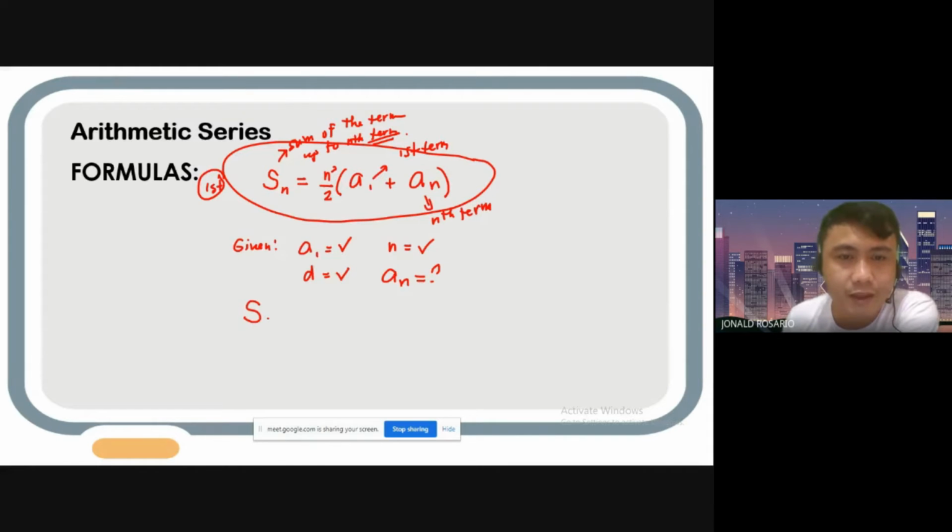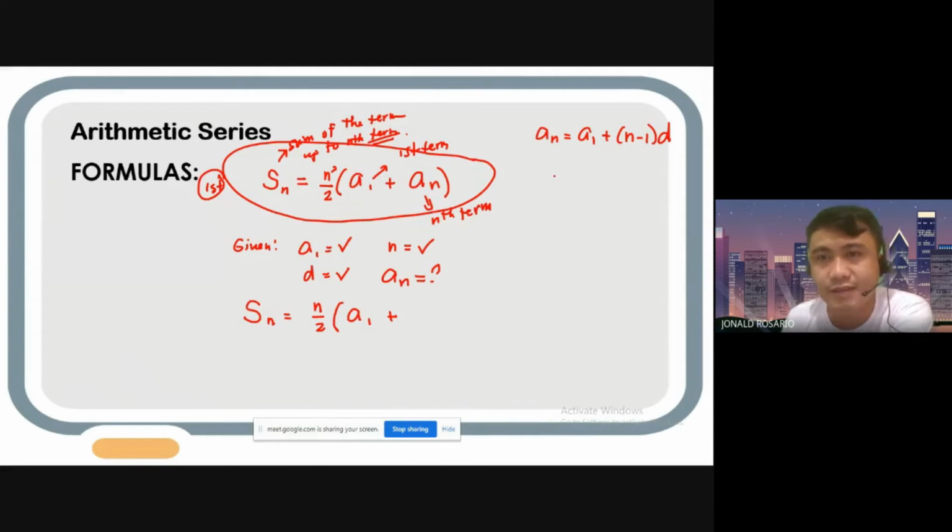So, S sub n is n over 2, and a sub 1 stays. We just replace a sub n with its formula. We know that a sub n is equal to a sub 1 plus n minus 1 times the common difference. Substituting the value of a sub n, you have a sub 1 plus n minus 1 times the common difference.